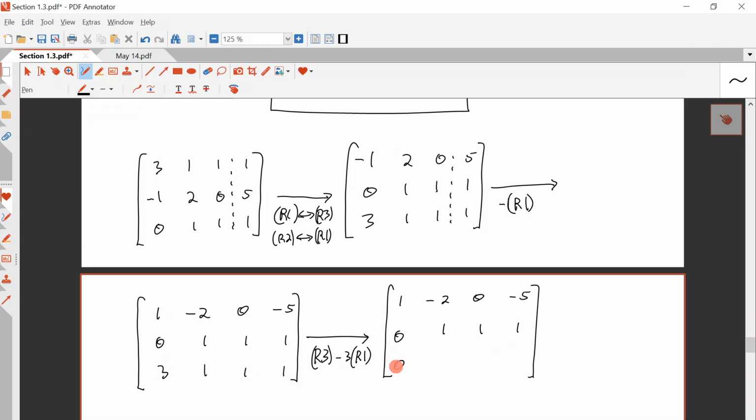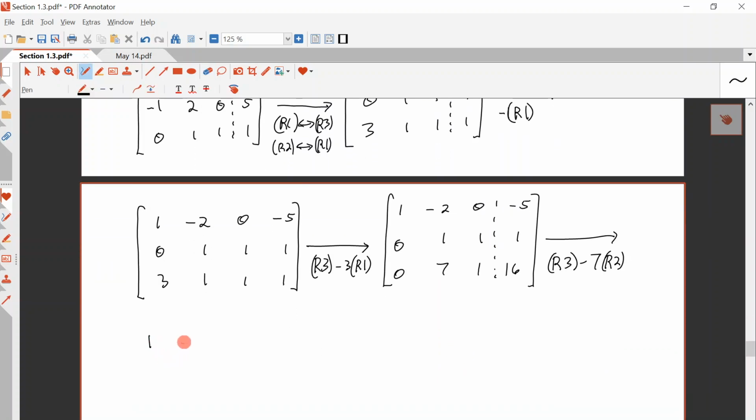So 3 minus 3 is 0. 1 plus 6 is 7. 1 plus 0 is 1. And 1 plus 15 is 16. And now I'm going to subtract 7 of row 2 from row 3, so row 3 minus 7 row 2, in order to get a 0 there.